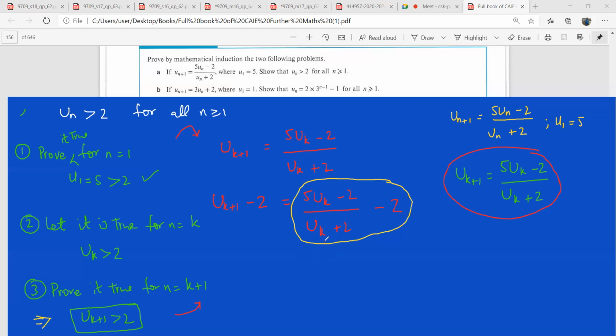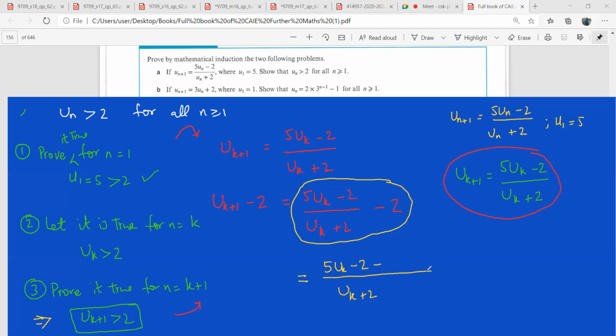Okay, guys, now let's do some algebraic manipulation here. I'll first of all be taking the LCM. There are many ways of doing it, by the way. Each single person can do it differently from any other person.